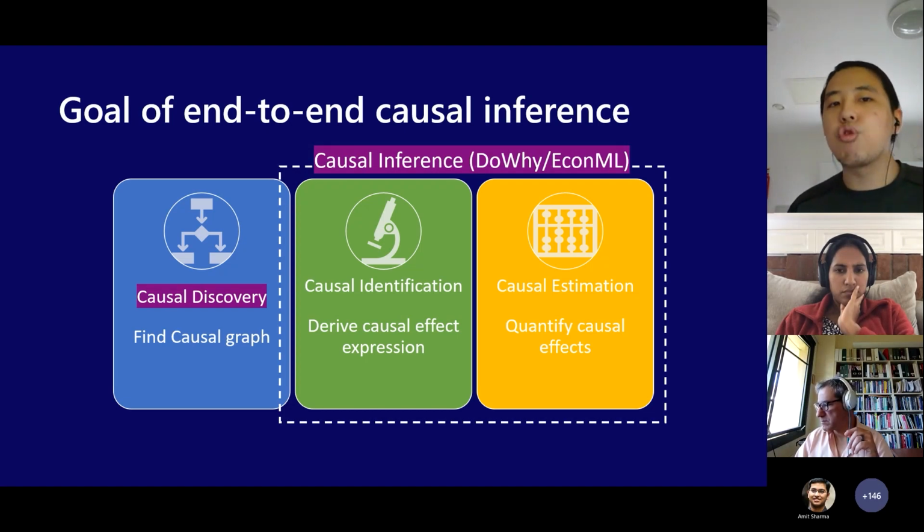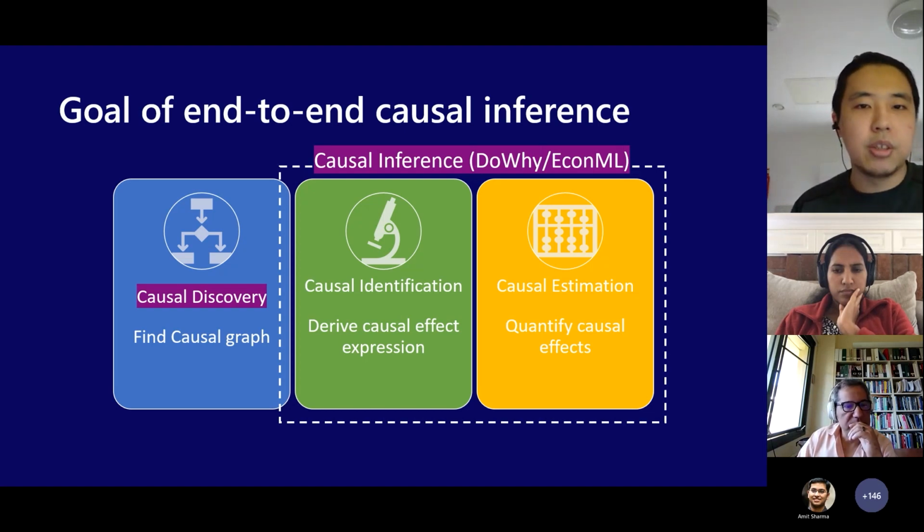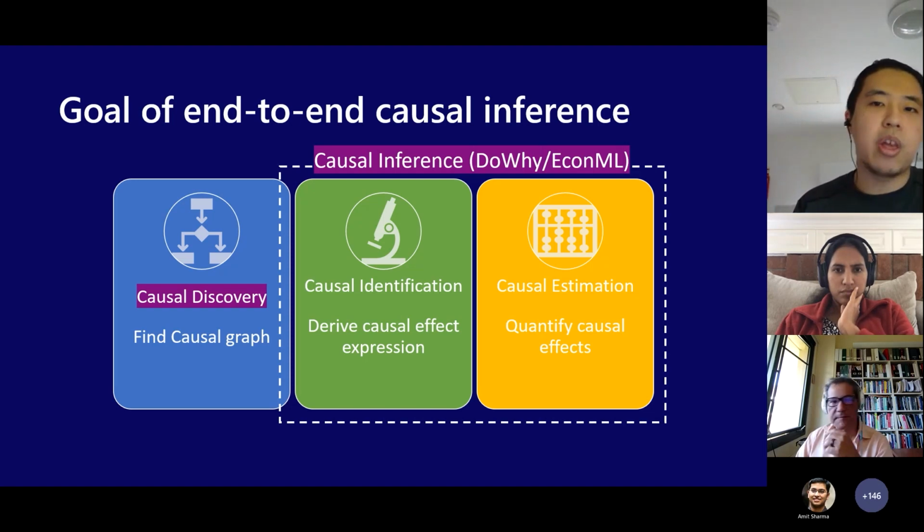The first one is causal discovery, which tries to uncover the causal relationships between different variables. The second is causal inference, which contains both identification and estimation, and tries to estimate causal effects of certain actions or variables on the outcomes. This causal inference question is exactly the question that DoWhy and EconML try to solve.